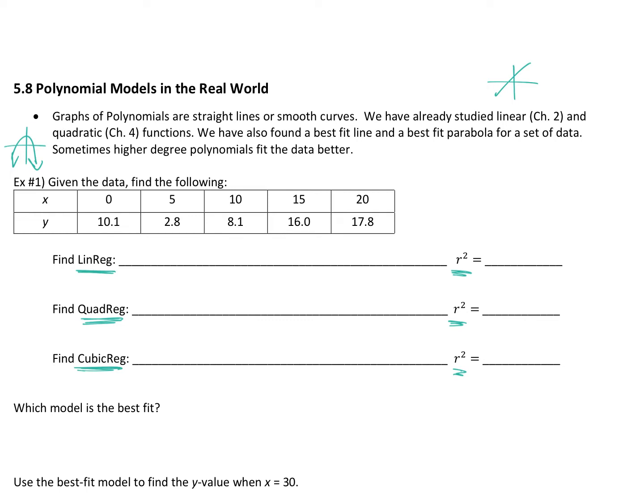Does anyone remember what you do first when given a table of data like that? Stat, yes. Okay, so I'm going to share my calculator up here, so you're not going to see this on my screen. Maybe I'll just write them on the board so that you can see what I'm writing.